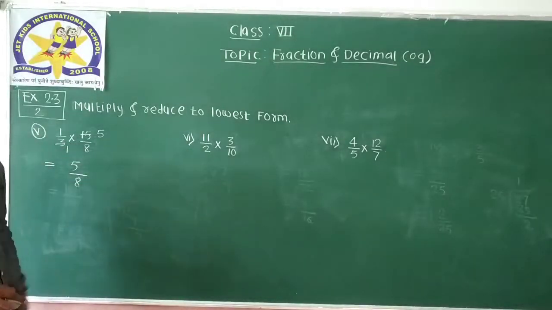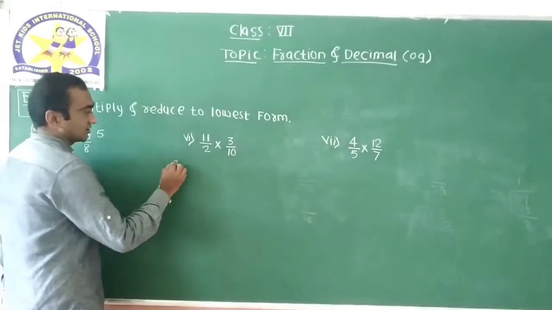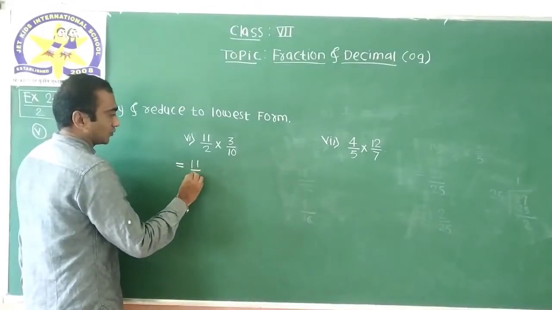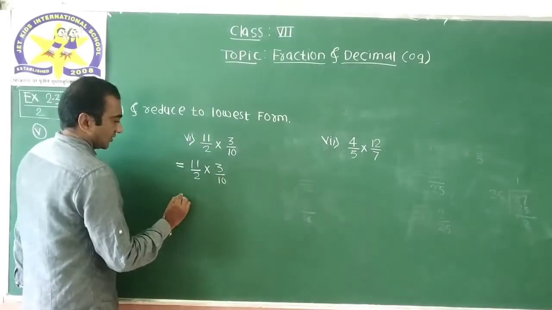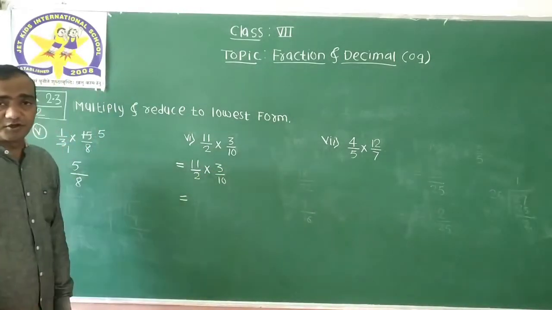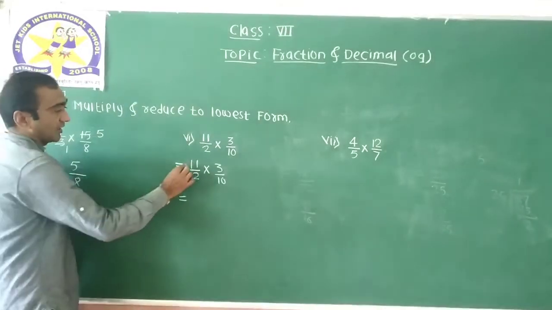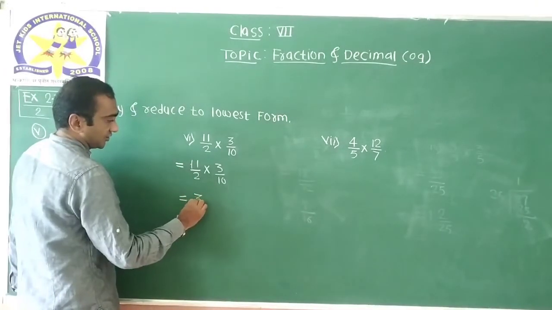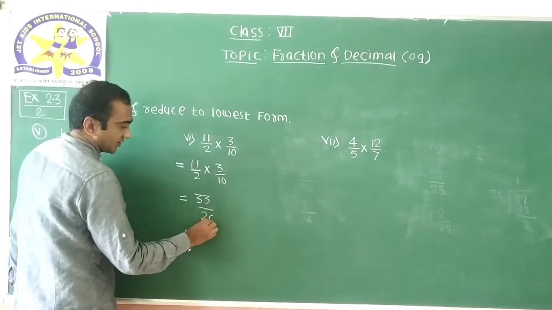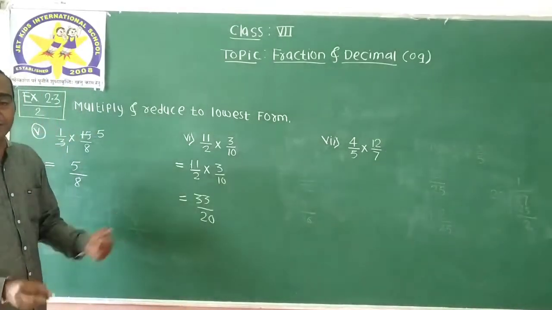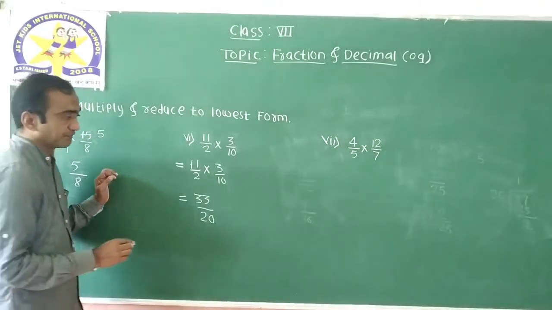Now see question number 6. Question number 6 is 11 by 2 multiplied by 3 by 10. Now make a multiplication of these two fractions. 11 into 3, 33, divided by 2 into 10, 20. We can convert it into a mixed fraction form.